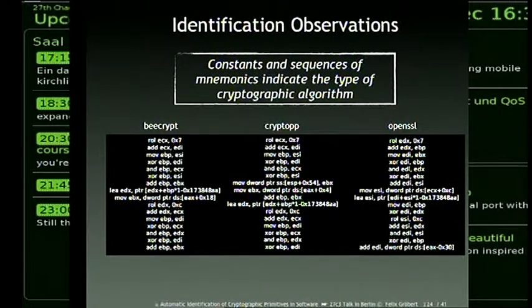You see on the bottom different implementations of MD5, but they all start with a rotate left 7, and their next instructions are also the same. So to find an MD5 implementation, you could use the chain of instructions rotate left, add, move, XOR, which is the same for all three implementations.